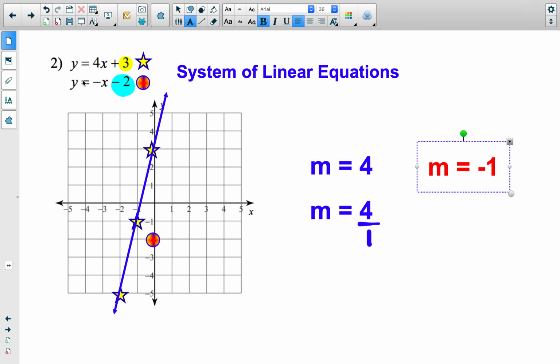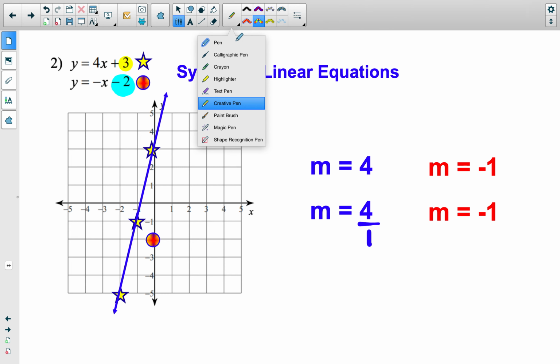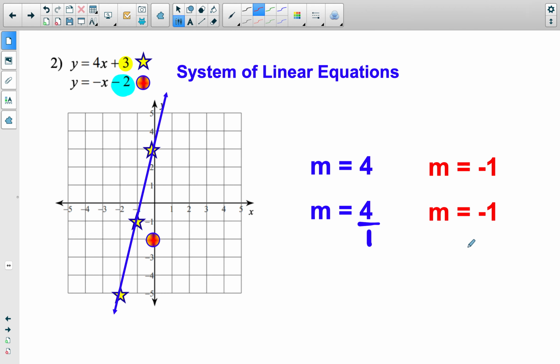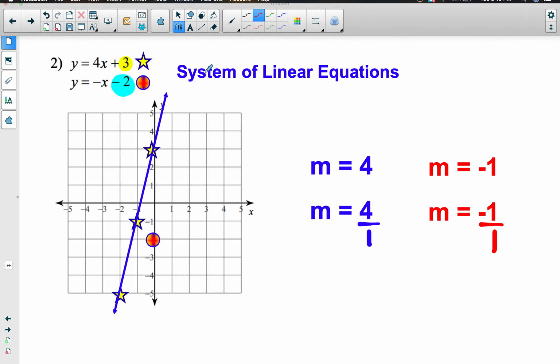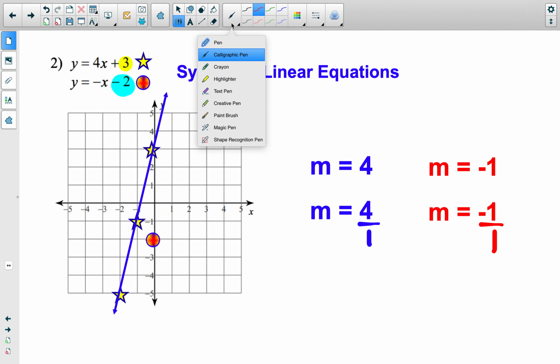So we know that the slope is -1, but again, we're used to seeing slope as a fraction. So how can we write that -1 as a fraction? We could say m equals -1 over 1. Whenever you do not have a denominator, remember that the denominator is 1. And now we can use that slope to graph our equation.